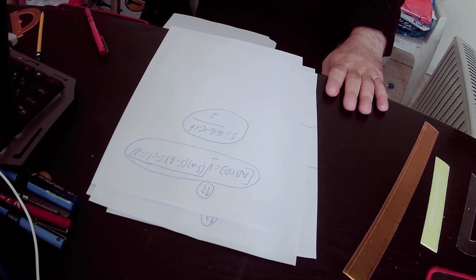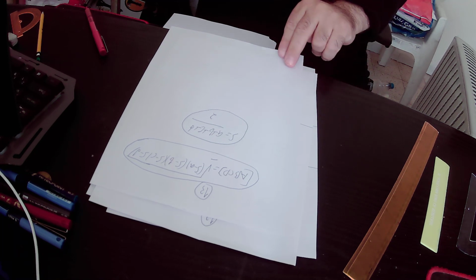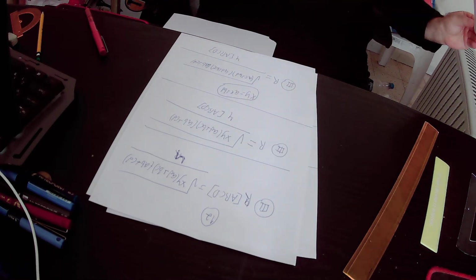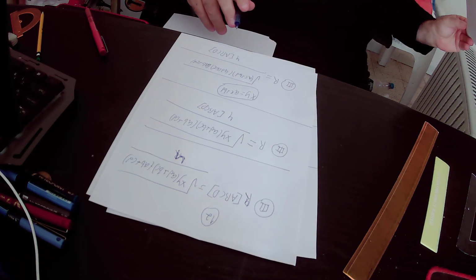So we will calculate the area of quadrilateral ABCD in order to put it inside this equation number 3.